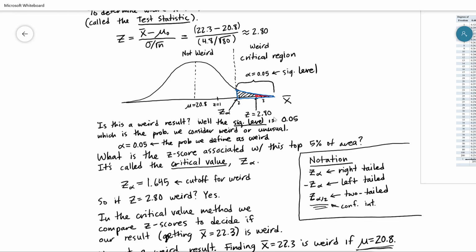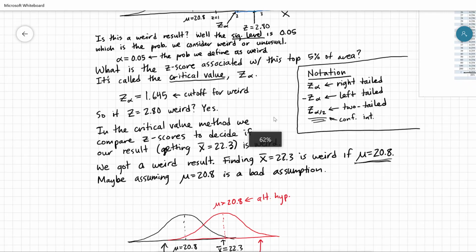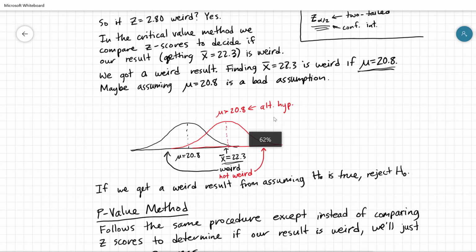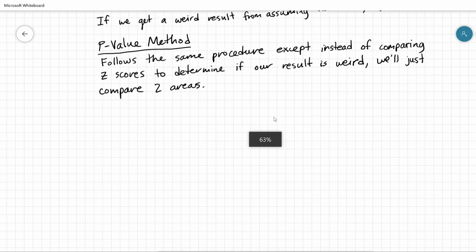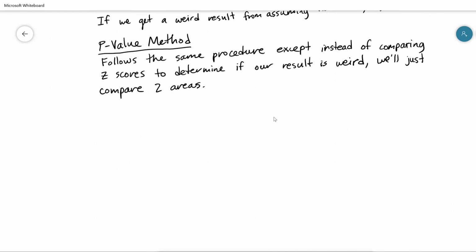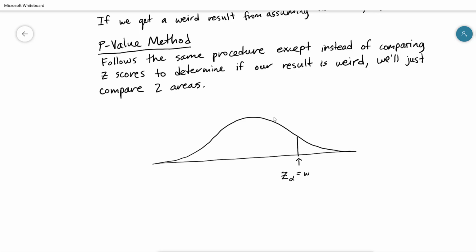So I'll just compare the areas instead of the z-scores of those same regions. And what we get is, again, a picture that looks like this. I can say that this is the z-score that cuts off the region we consider weird, or I could go by the entire area of that whole region. That's alpha.